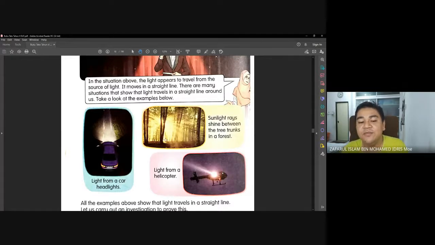Ataupun kalau kejadian gerhana matahari pula pada waktu siang. Okey. Macam mana terjadinya gerhana matahari? Bulan pula, the moon is between the sun and the earth. Kalau tadi the earth between the sun and the moon. Okey, tapi on sun eclipse, gerhana matahari, the moon ada di tengah-tengah antara bumi dengan matahari.